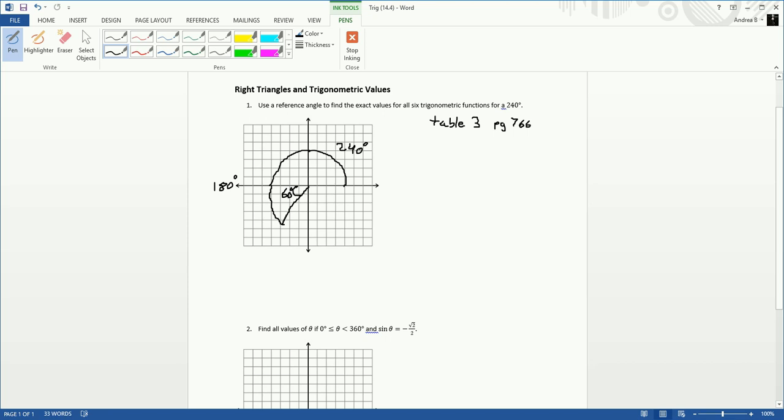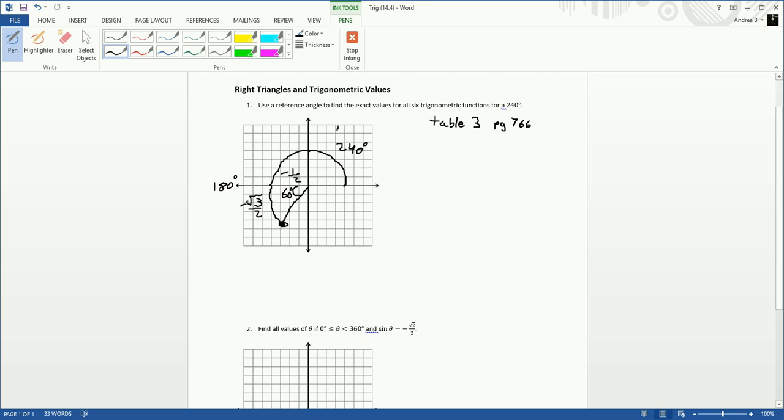So you'll notice here for the x value, whenever you're dealing with a 60-degree angle, it'd be 1/2, or in this case, since we're in the third quadrant, then we'd be at a -1/2 for the x value. And then for your y value here, we would be at a negative square root of 3/2 instead of a positive. Once again, because this point down here is in the third quadrant.